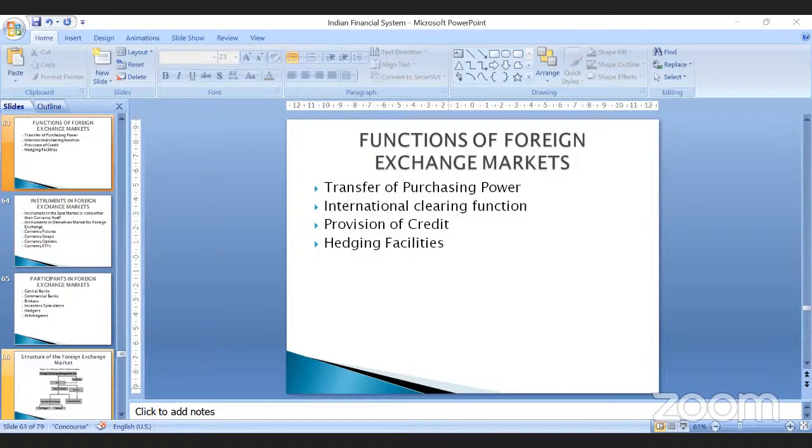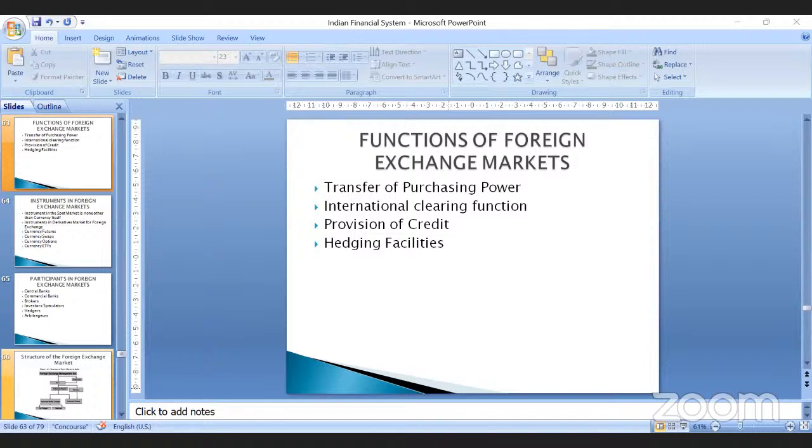Whenever you are entering into international trade, a company might want to purchase certain things in another country, but their terms and conditions are completely different. So the forex market will provide credit facilities for both exporters and importers whenever credit is required.